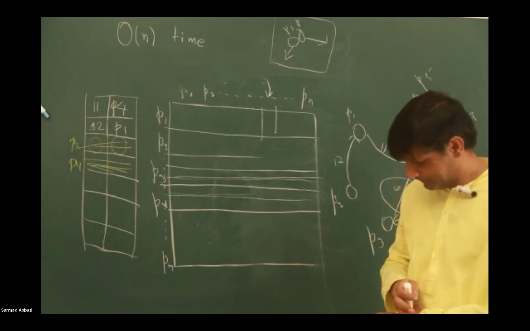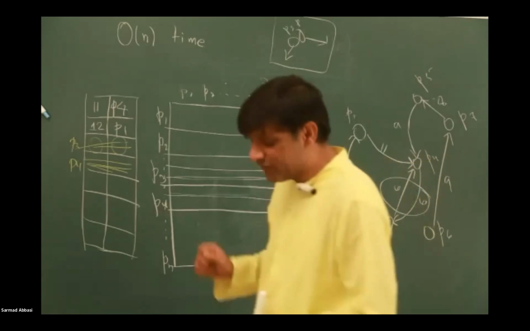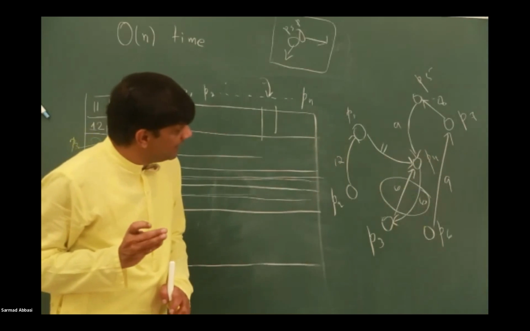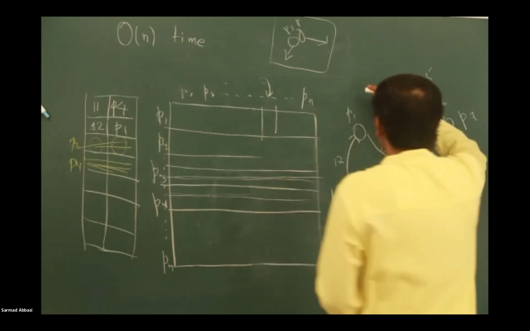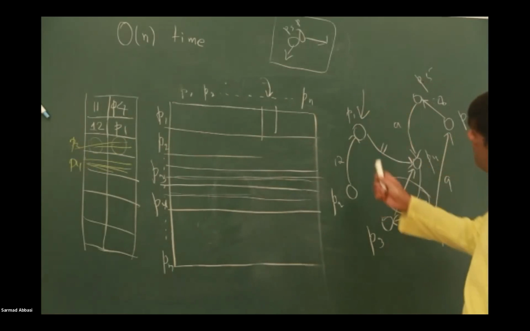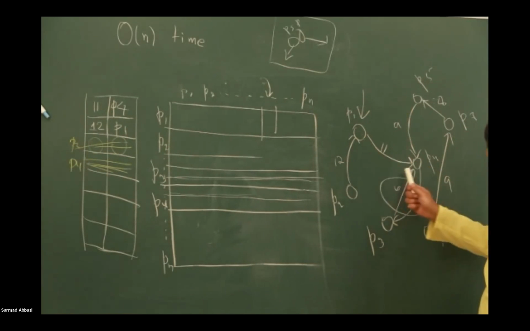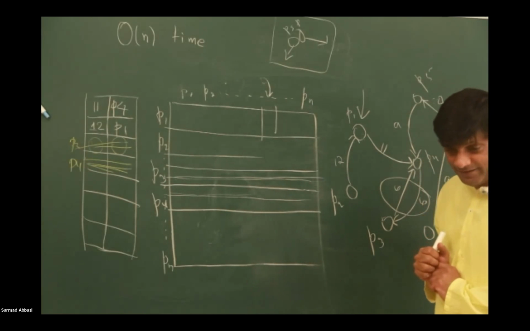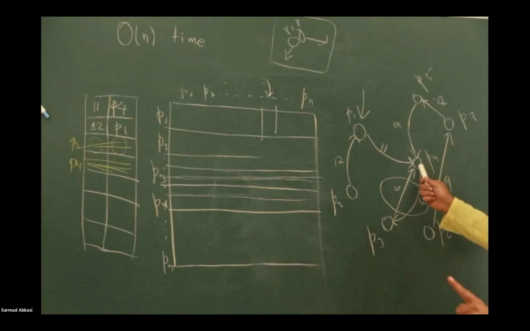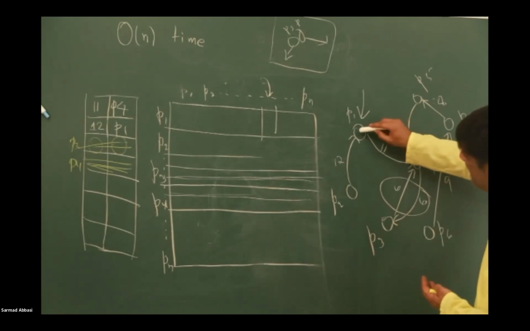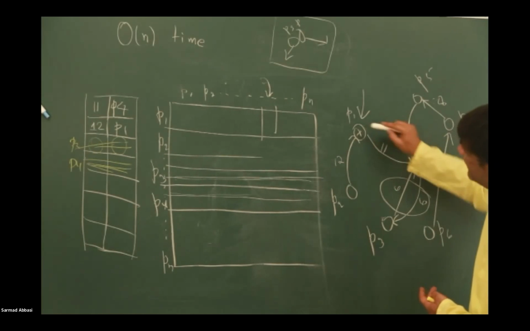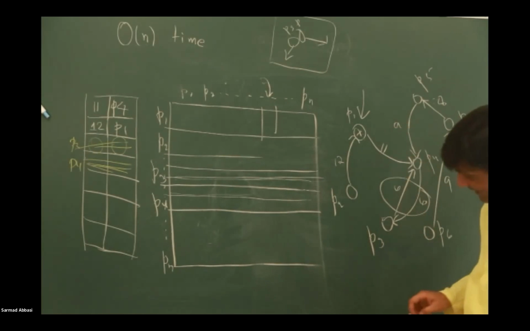But if you do this, you'll get a wrong algorithm. The reason is, look at P1. P1 was going to collide with P4 at time 11, but P4 has changed its direction, so P1's entry is also invalid.